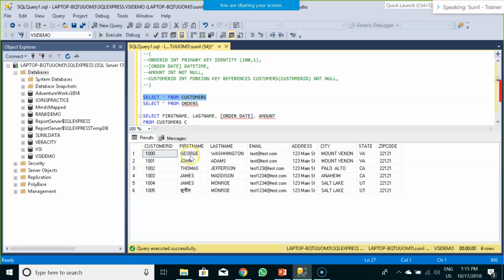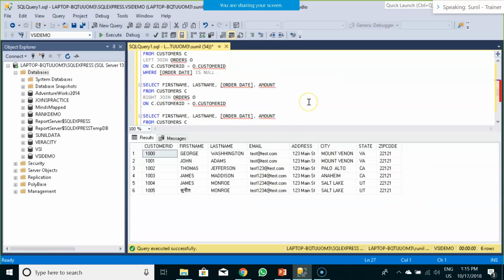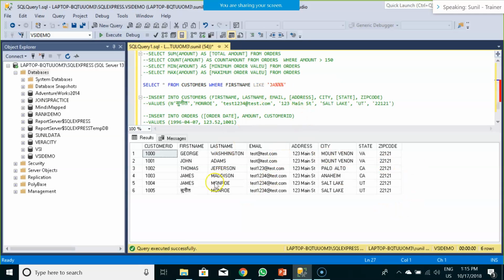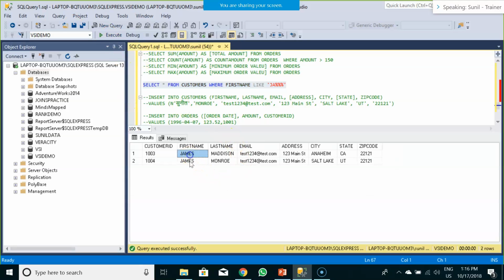So I have customers first name as George, John, Thomas, James, Sunil, and so on. Now I want to find customers whose name starts with JA. So there are essentially two columns. So I want to find only those records. So what I would do, I would execute this command. So I can see only James.